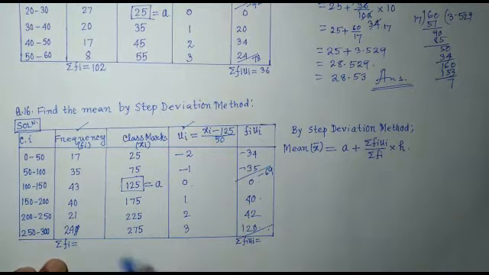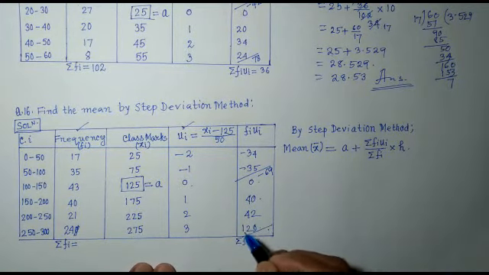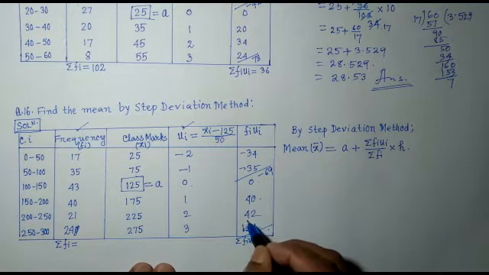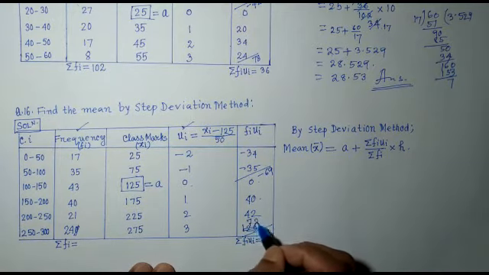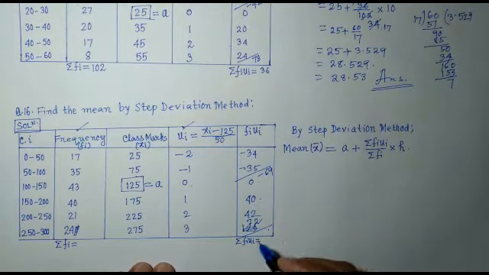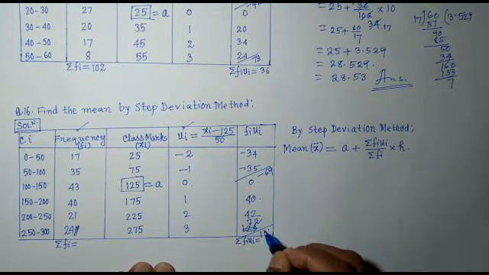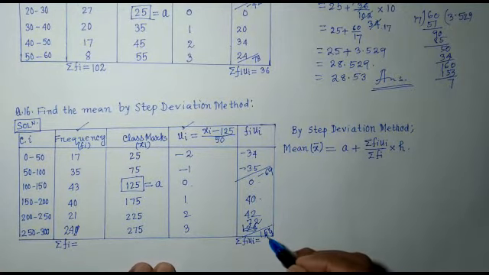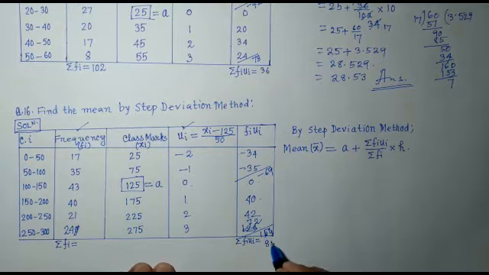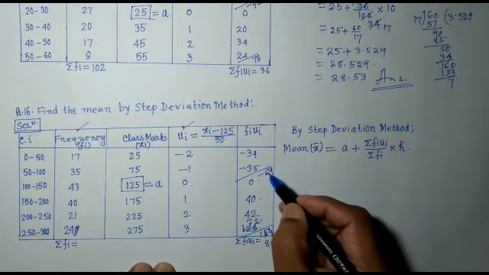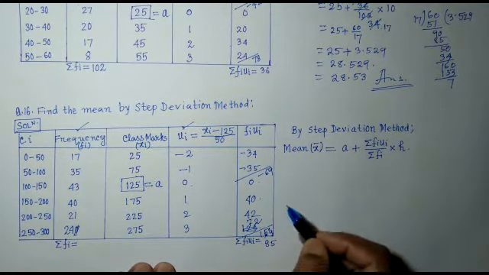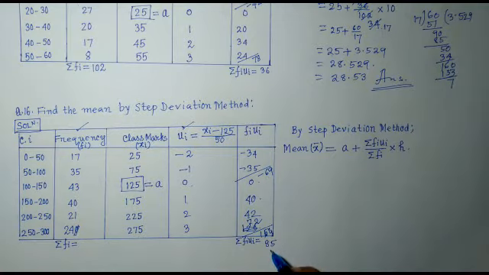So 24 into 3 will be 72. So by adding all this, it will be 154. Now 154 minus 69 is 85. Write 154 up and 69 down, it will be 85.